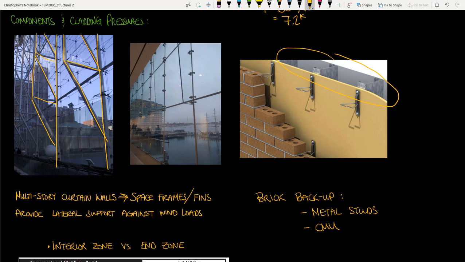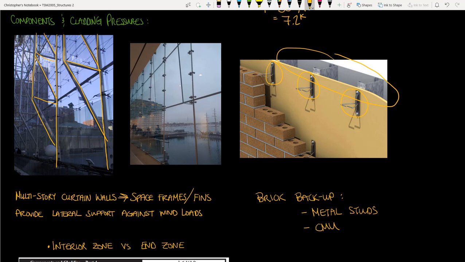In order to transfer the lateral loads from the brick to the stud wall, we need these clips, shown here. This, of course, requires a great deal of careful work, as the attachments are puncturing through the architectural barriers, creating potential pathways for moisture and heat transfer. But that's a topic for another course.